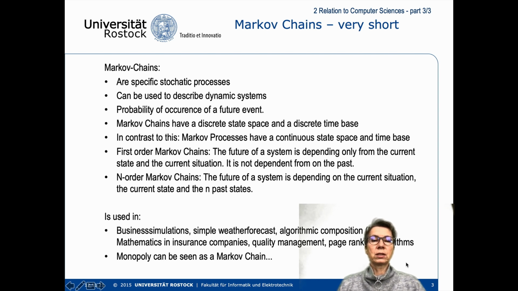The Markov chain is a mathematical model used to describe specific stochastic processes. It consists of states and steps in time, so it can be used to describe a dynamic system.